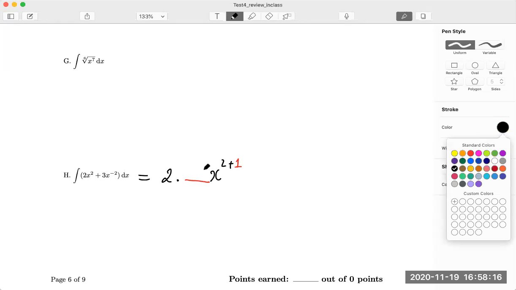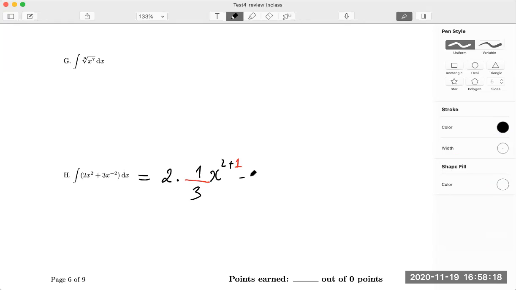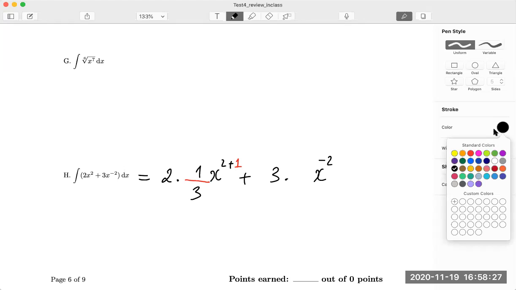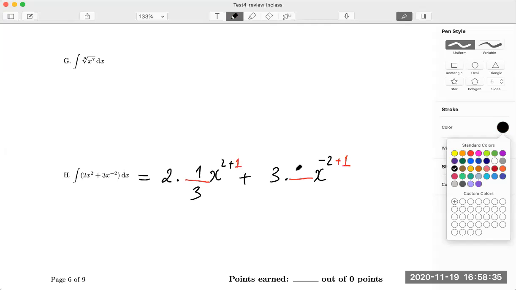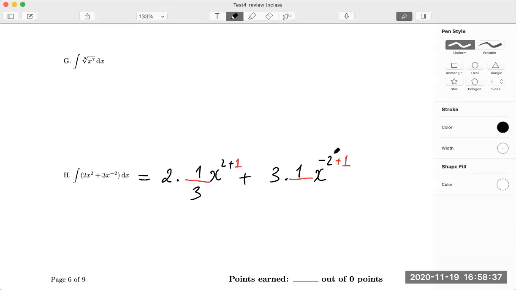Perfect. And the same story here, it is x to the -2. Then we need to add 1. Divided by this power, which is 1 minus 2, it is -1, right?